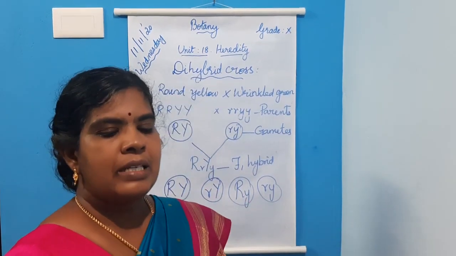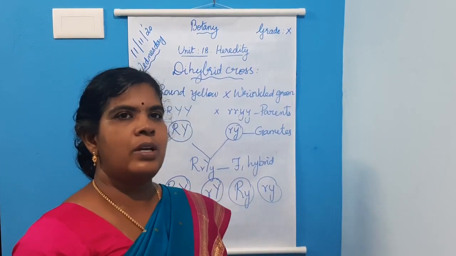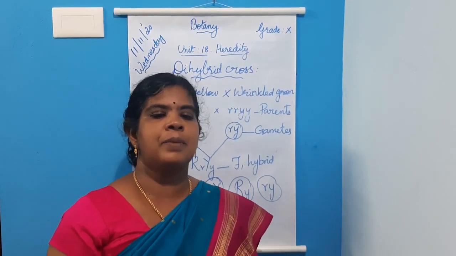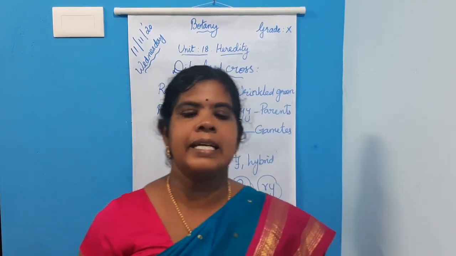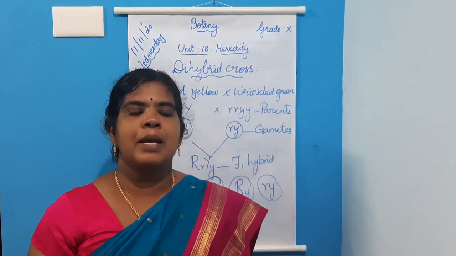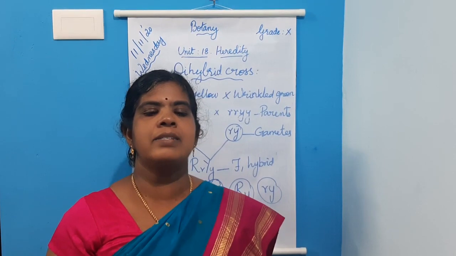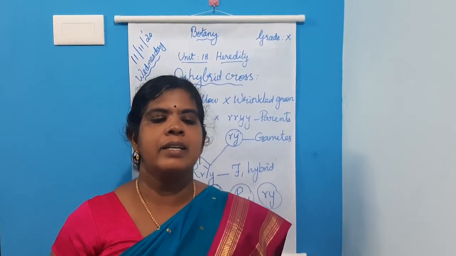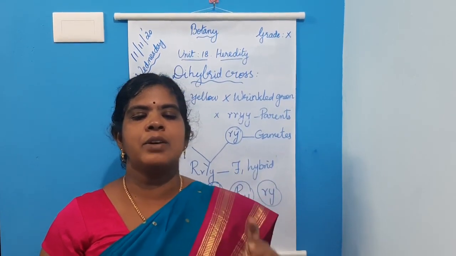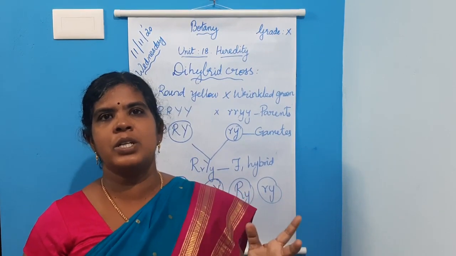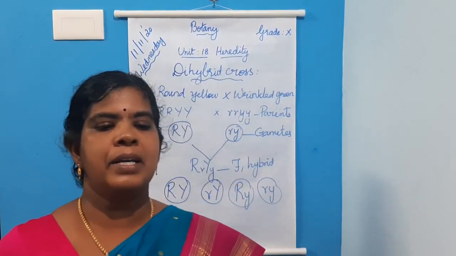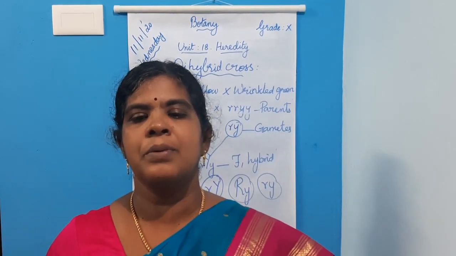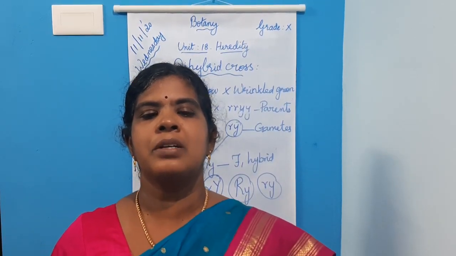That is called independent assortment. In the inheritance of 2 or more pairs of contrasting characters simultaneously in a zygote, the factors of one pair assort out independently of the other pair. That is independent assortment.